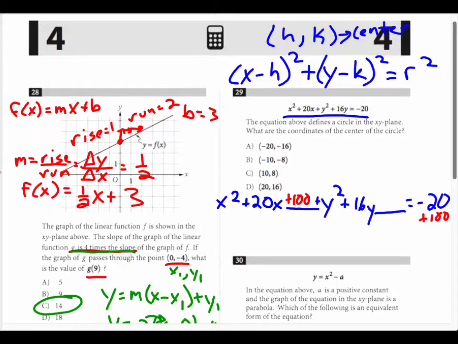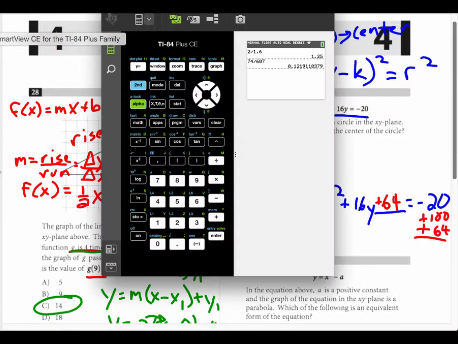Okay? And then over here, 1/2 of 16 is what? 8. And 8 squared is what? 64. Yep. Now, I'm going to add 64 on this side. Whatever I do on one side, I've got to do on the other. Now, when I add all that up, here's the cool thing by completing the square.